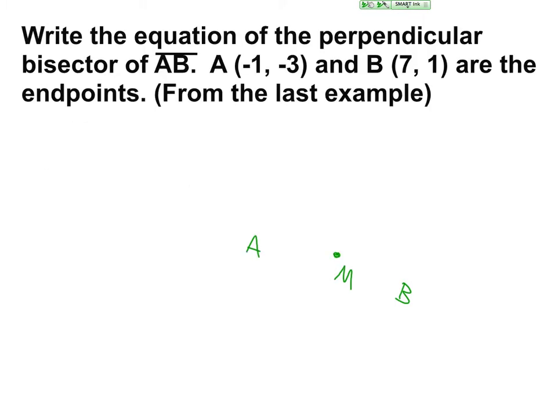I'm going to skip the graphing part. So let's try and write the equation of this perpendicular bisector. Okay, so A is the point -1, -3, and the slope of AB, okay, so I'm seeing the slope of AB is 1/2.